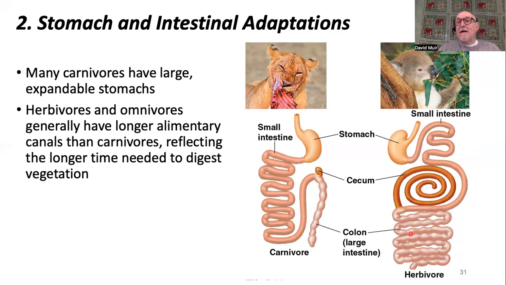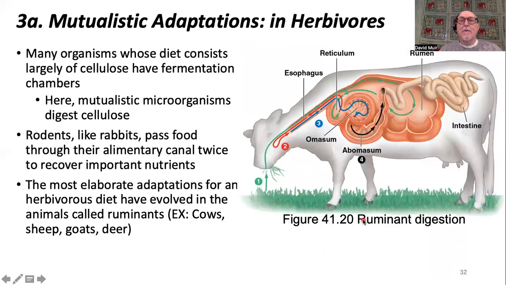They maintain populations of microorganisms in the cecum and in the large intestine, which break down cellulose and contribute that to the animal. This takes very elaborate forms in many of them. This is just a simple version of the kind of adaptation that you might see.